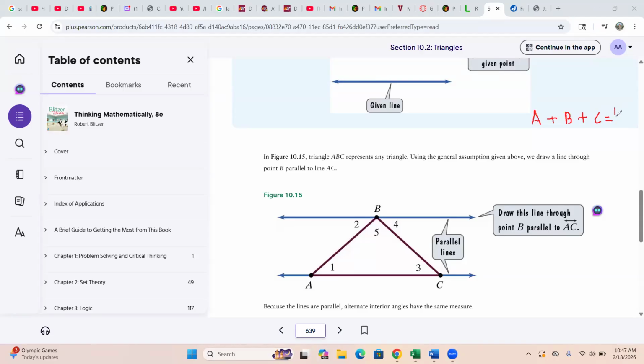And of course, they're trying to justify this using the previous section's idea of transversal angles. They say here that angle 2 is the same as angle 1 because we have two parallel lines.